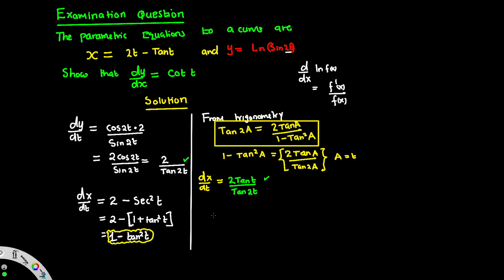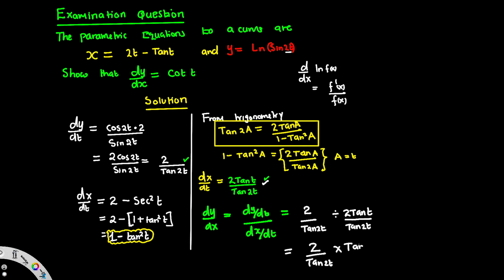Then now let us go ahead and write dy dx as dy over dt over dx over dt. And then we can now substitute our dy dt into this part, divided by this part. Then we can now interchange the fraction, because remember, when you are dividing by a fraction, you change it to a multiplication, and you interchange the denominator and numerator.